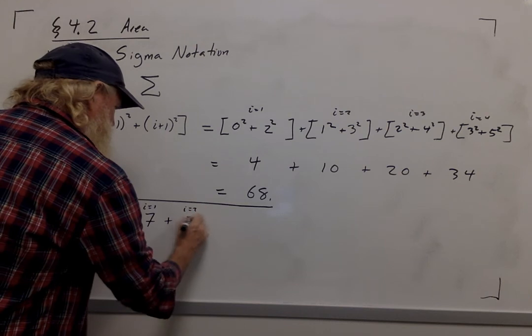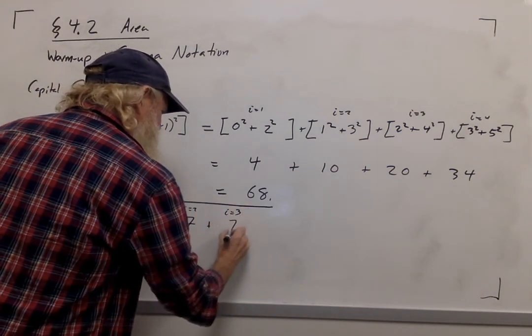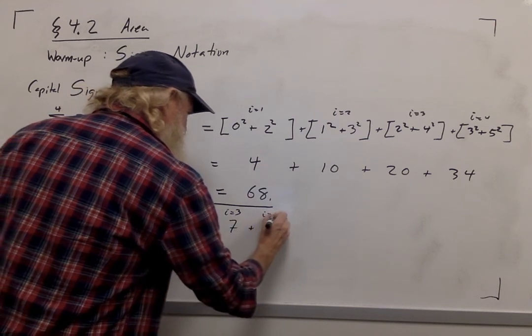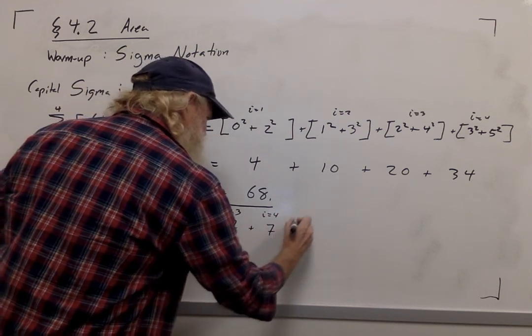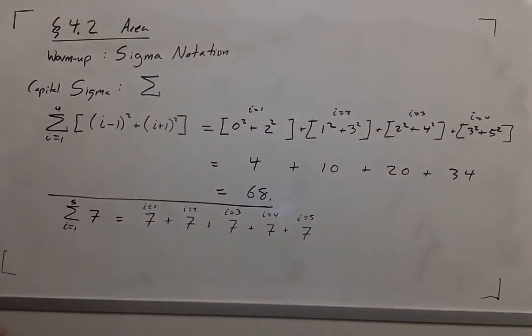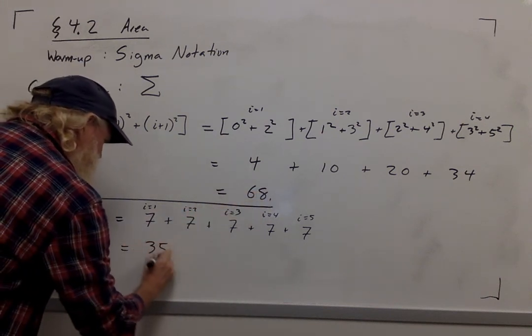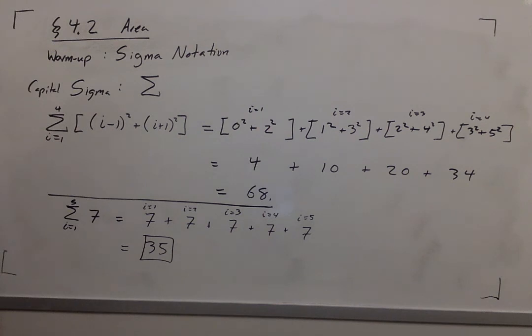When i equals 2, still get a 7. When i equals 3, I get a 7. When i equals 4, another. And when i equals 5, I get a fifth 7. So as i goes from 1 to 5, I get 7, 7, 7, 7, 7. And the sum is 35.